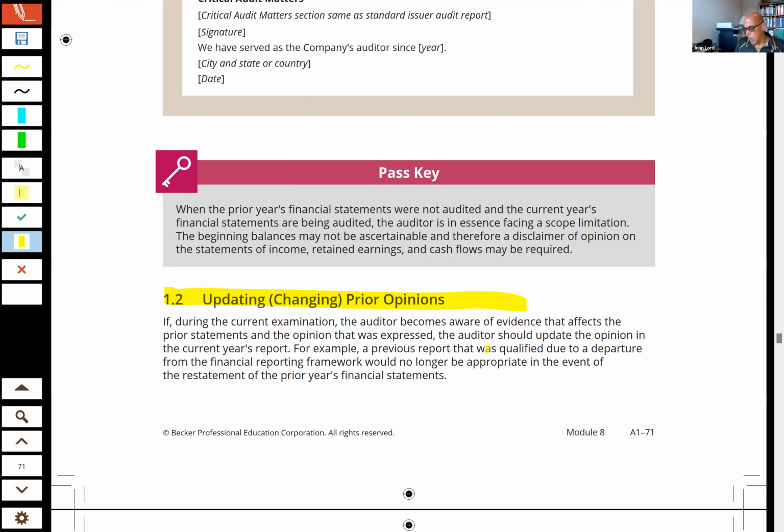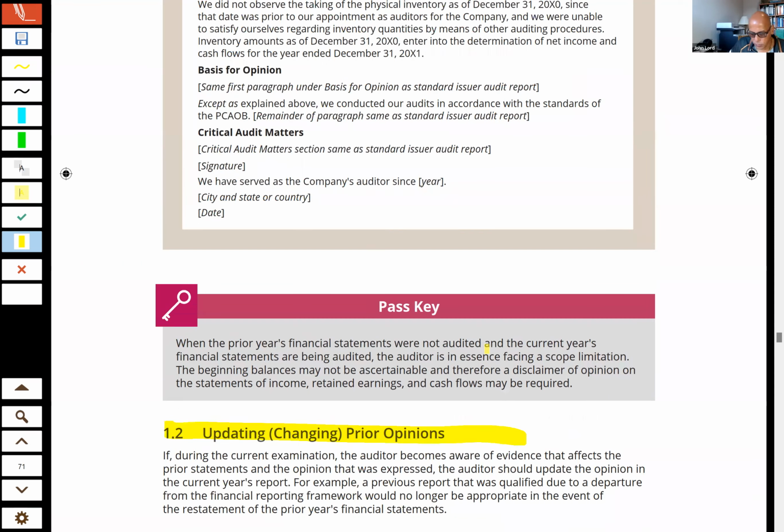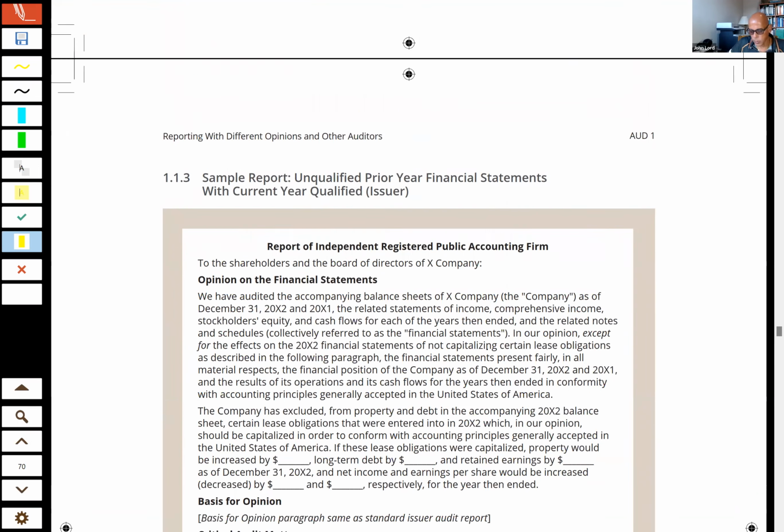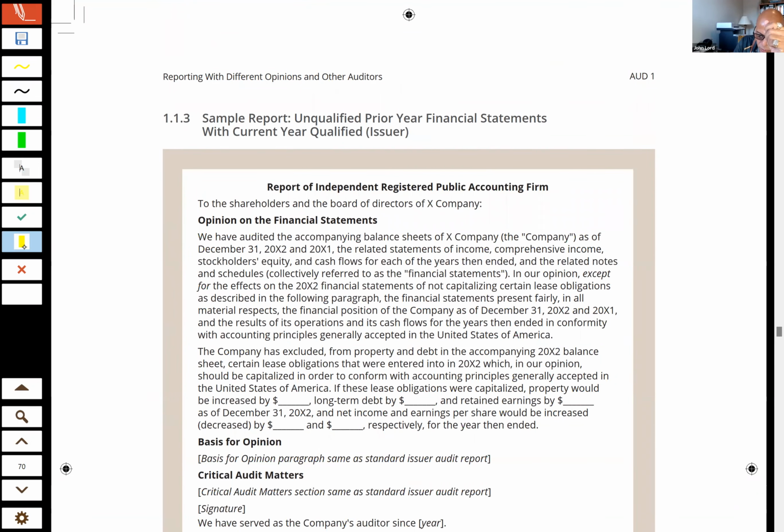I went a little too far past because I was asking myself, where's the issuer example? Okay, so for the issuer, I will look at that just because the structure of the report is different, but the approach is the same.